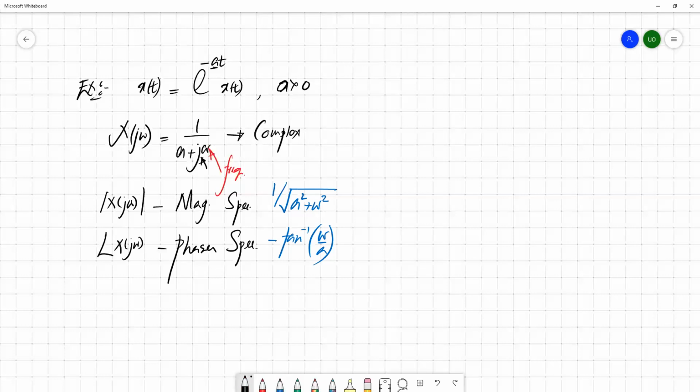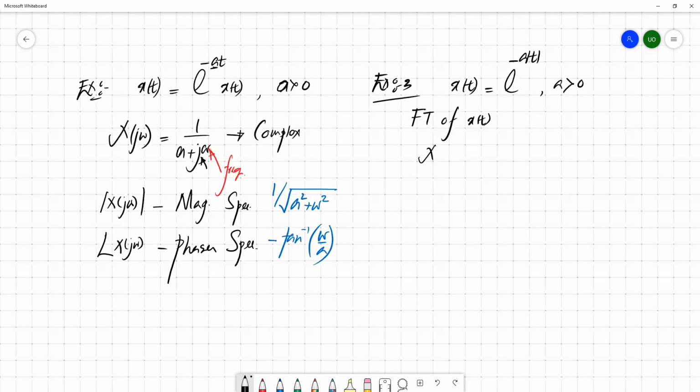This is exercise 3. Now your function x(t) is something like that. Instead of t, we have mod t. So how do you find the Fourier transform of x(t)?